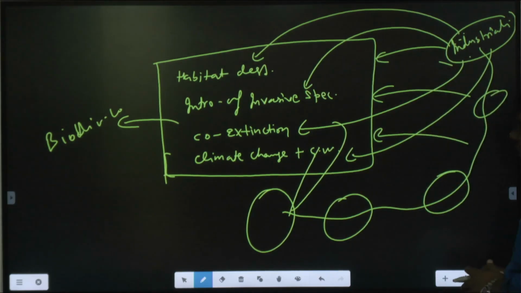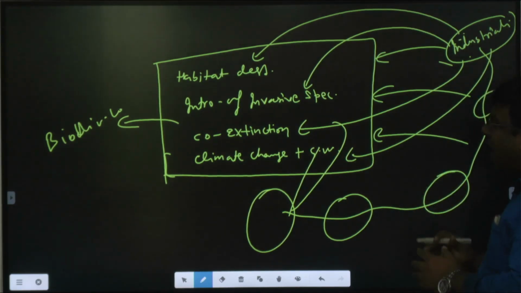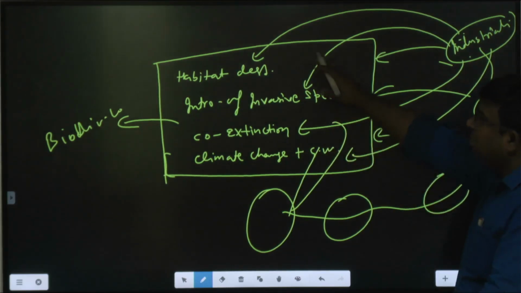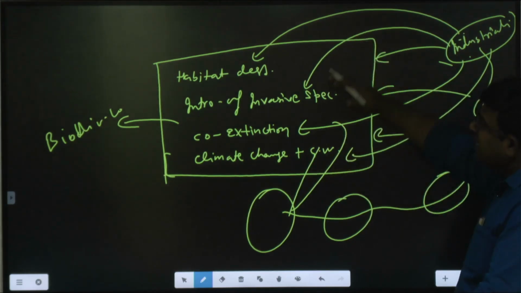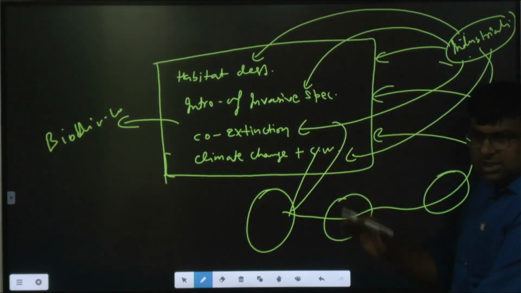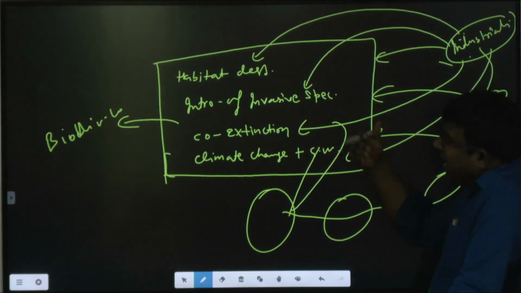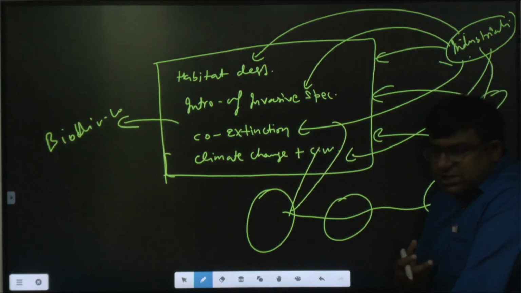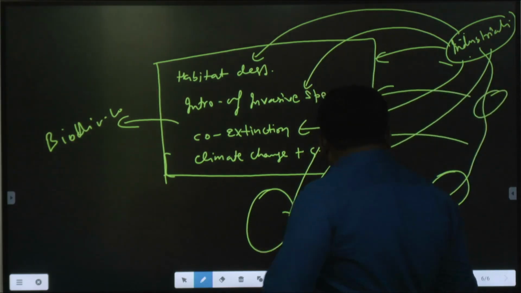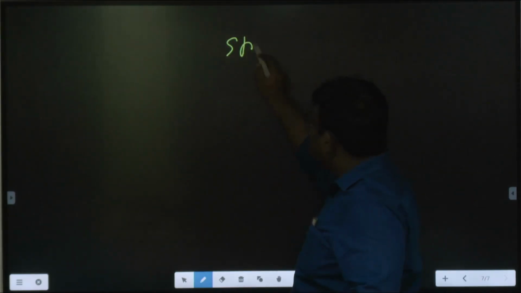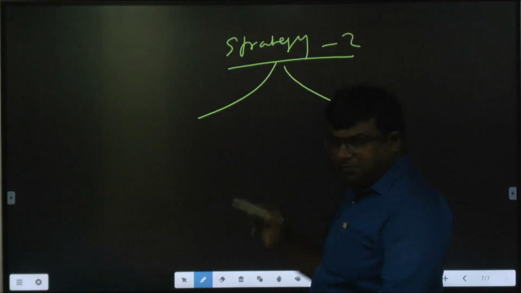And whenever we want to go for biodiversity conservation, our major focus should be over these four problems. कि anyhow we should try to minimize the cases of habitat destruction and the rest, right? So कैसे हम इन प्रॉब्लम्स को टैकल कर सकते हैं ताकि बायोडाइवर्सिटी का ओरिजिनल सिनेरियो मेंटेन रहे, इसको लेकर दो तरीके की स्ट्रेटजीज पढ़ी जाती हैं, two different types of strategies which we actually follow for biodiversity conservation.